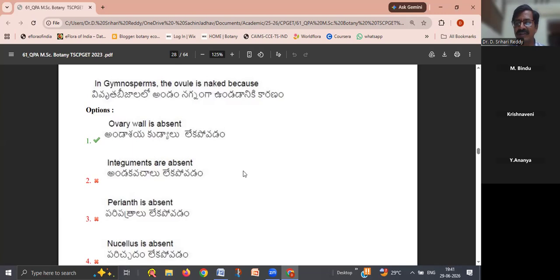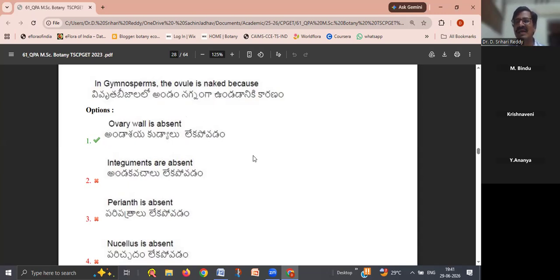But in the case of gymnosperms, there are ovules, but there is no ovary surrounding the ovules. Since there is no ovary wall, there is no fruit. So that is the right answer. Ovary wall is absent in the case of gymnosperms.